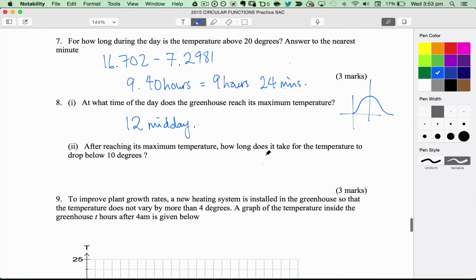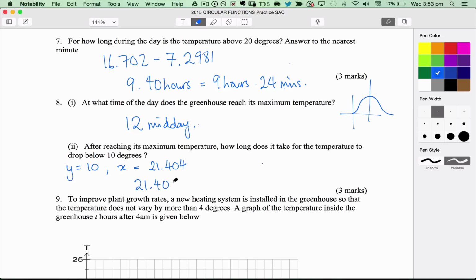After reaching its maximum temperature, how long does it take for the temperature to drop below 10 degrees? When y equals 10, we're looking for the second value. x is 21.404.